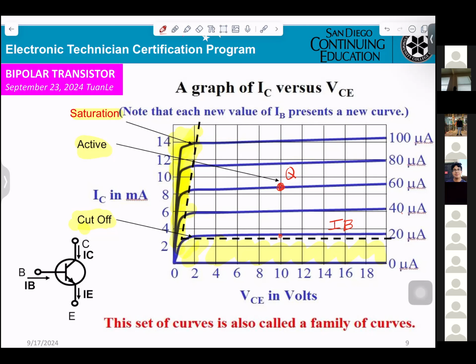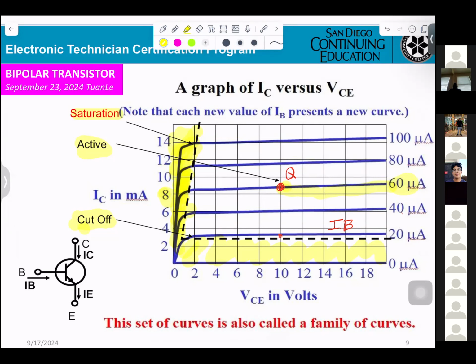Perfect. Right here, you can see Q here. You go in here, 60 microamp. You see that? Now, what is the IB? Then you can go to the lab, that will be IB. Okay, you see that?